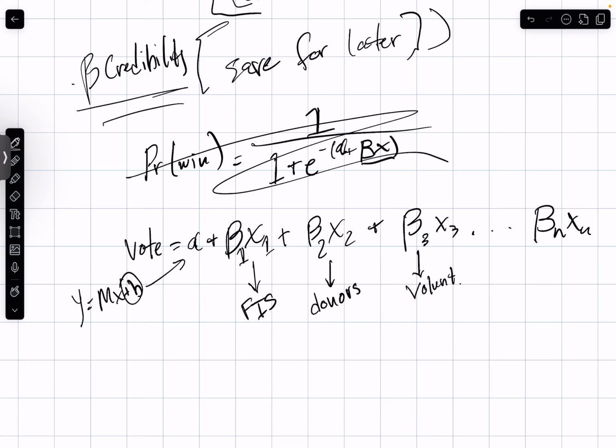And what this shows is, if you get a coefficient for this beta, remember it's probably small, and then a coefficient for donors, maybe a little bigger, and a coefficient for volunteers, probably around the same. Let's just say it's around the same. And you keep going.